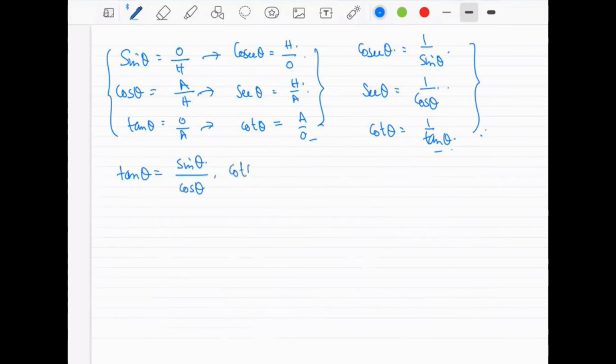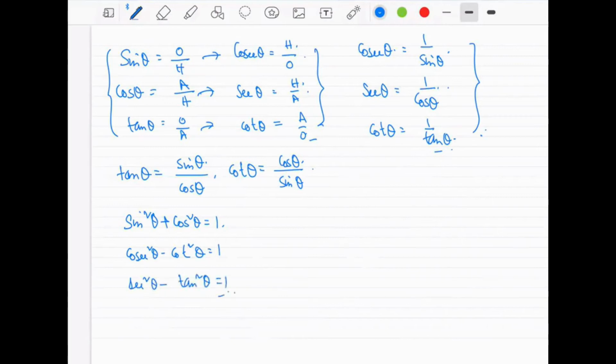And cot theta, we will write this as cos theta by sine theta. And the three extras that I have just given right now from yesterday: sine square theta plus cos square theta is equal to 1. And cosec square theta minus cot square theta is also equal to 1. And sec square theta minus tan square theta is also equal to 1. These three are called identities.